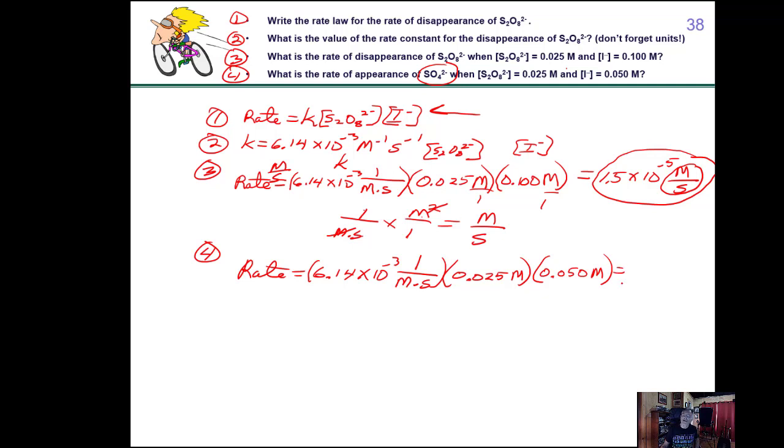When I do that, I come out with 7.7 times 10 to the minus 6 molar per second.